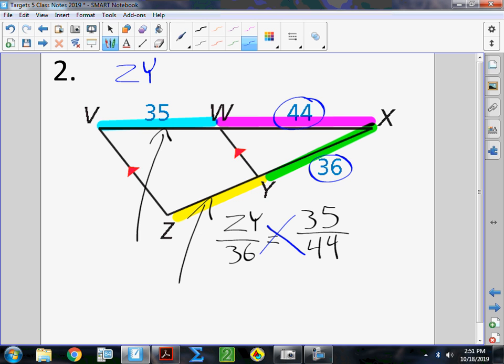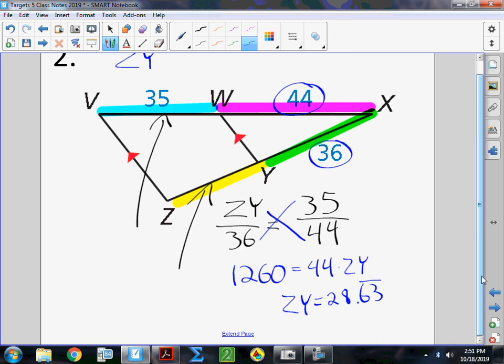So I can cross multiply. 36 times 35 is 1,260. That's equal to 44 times ZY. So divide both sides by 44, and I get ZY equals 28.63, and the 6 3 are repeating. Your calculator can turn that into a fraction or multiple fractions.